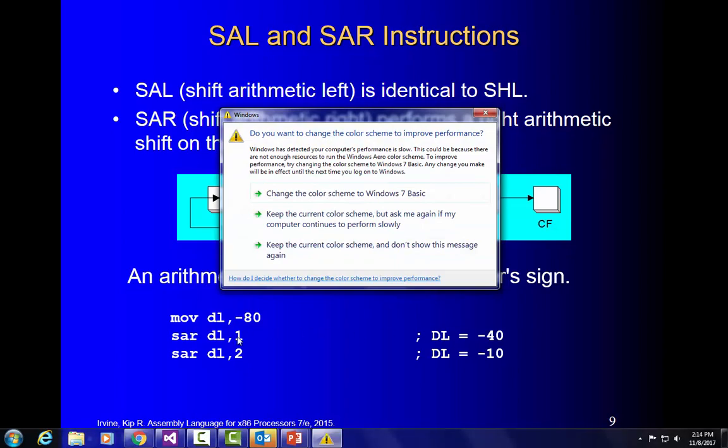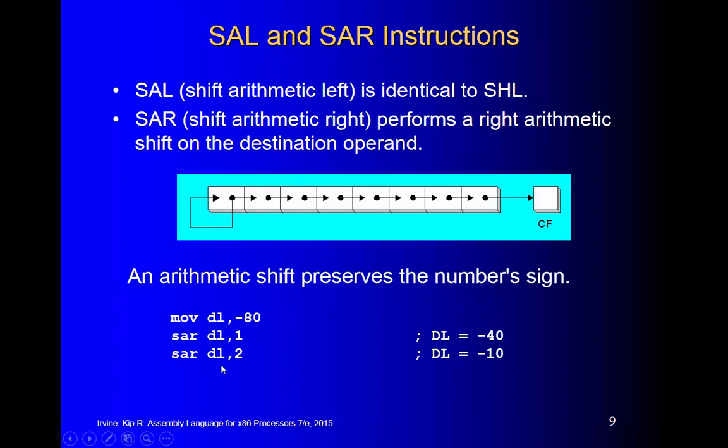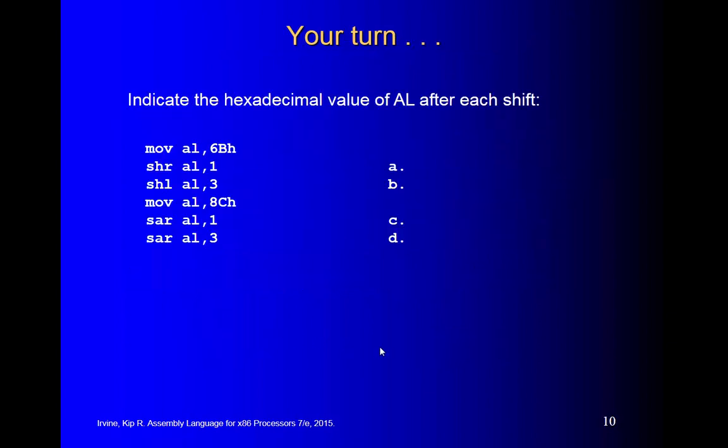If you shift right once arithmetically, it's going to be negative 40. If you continue to shift 2 more locations to the right arithmetically, you're going to get negative 20. So this can be proved by using binary numbers in two's complement format. Okay, you can verify all this by yourself. The answer is here.